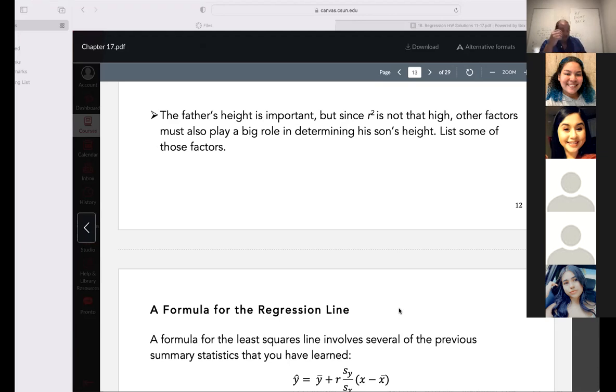But what are some other things that might be contributing factors as well? Mother's height, diet, grandparents' heights, certainly, or uncles, aunts.